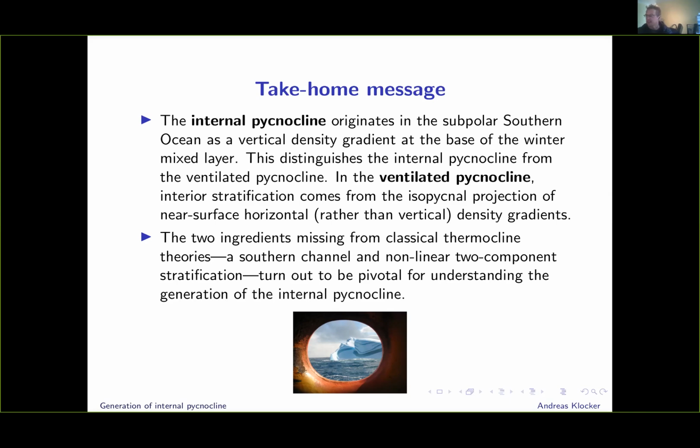That's what you see in classic channel models, but that would not give you a permanent pycnocline because it would pretty much destroy this stratification. So this negative feedback lets you get that volume transport of circumpolar deep water to the surface, but because right away it leads to a melting of ice, it generates, or maintains I should say, this pycnocline, if that makes more sense, or is more confusing.